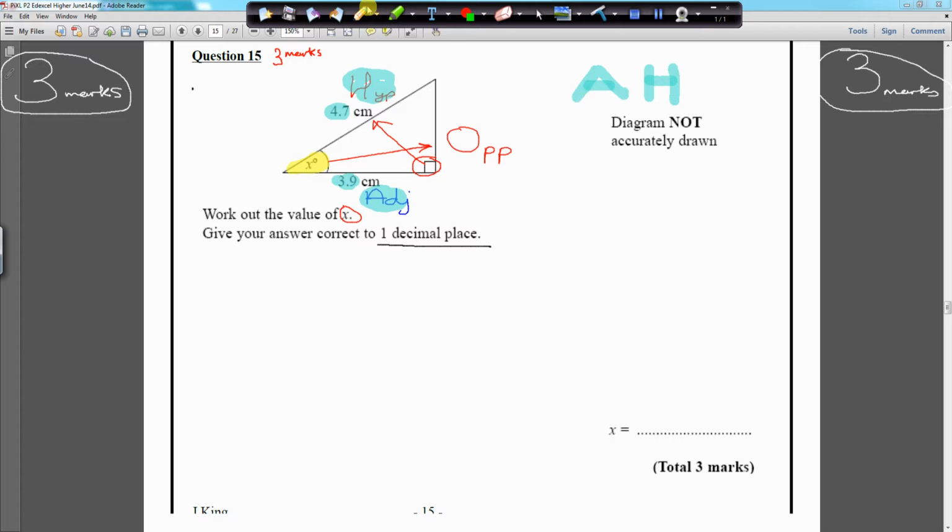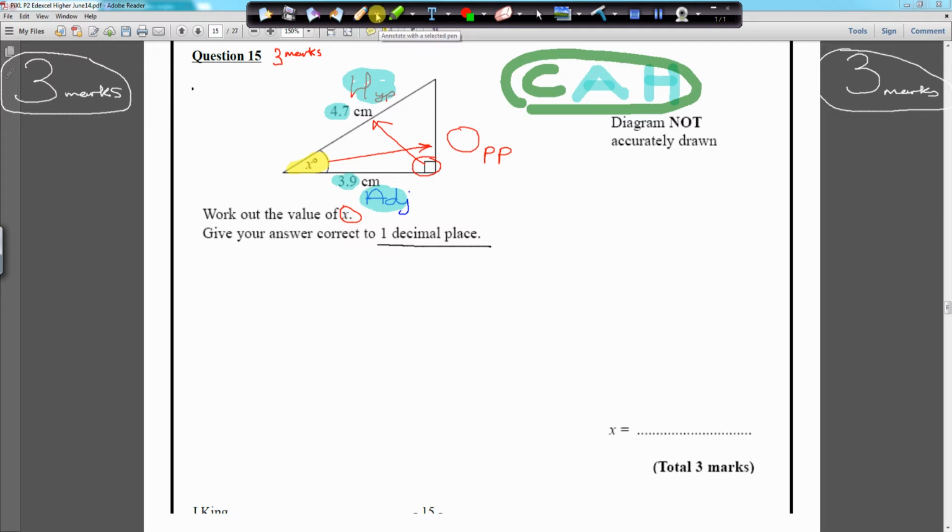This ah sound has got one bit missing, and that bit should be CAH. So we know straight away from the sound of the letters we've got here, because it's the A and H, that it's the CAH, which is the cosine identity.